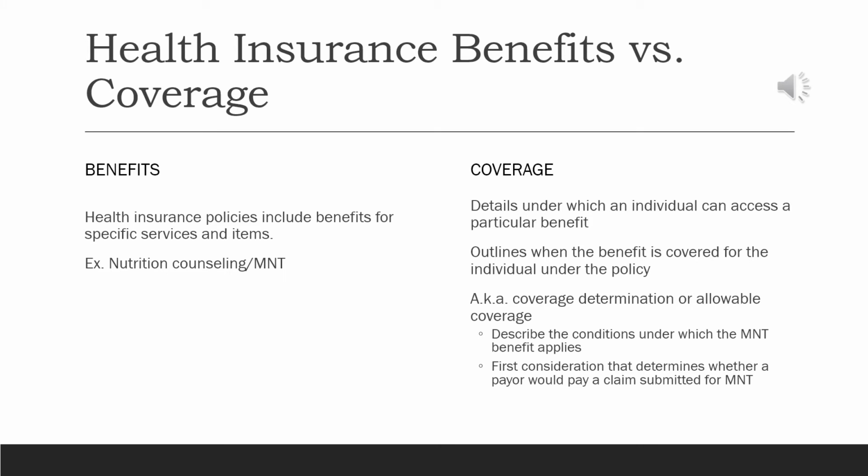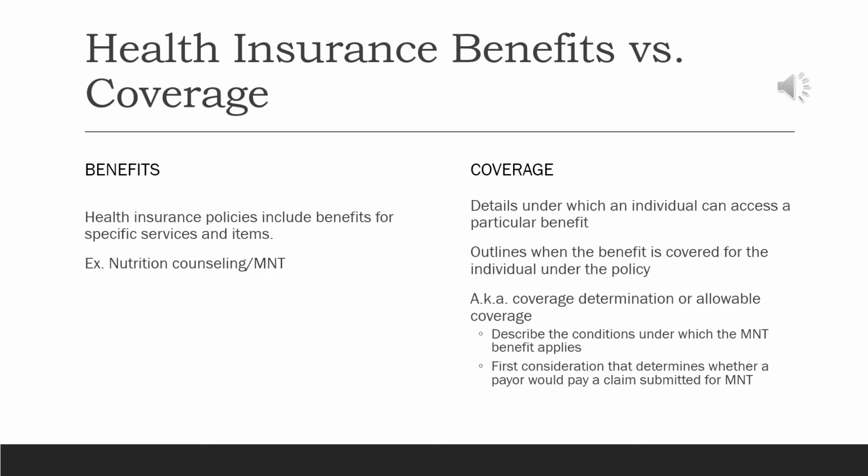It's important to know the difference between benefits versus coverage. A benefit is the actual service or item that will be covered, for example, nutrition counseling. Now, the terms coverage, coverage determination, or allowable coverage really refer to all the details surrounding the ability for the individual to access a particular benefit.